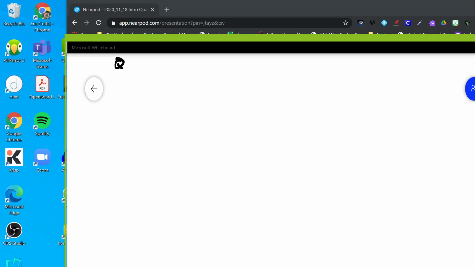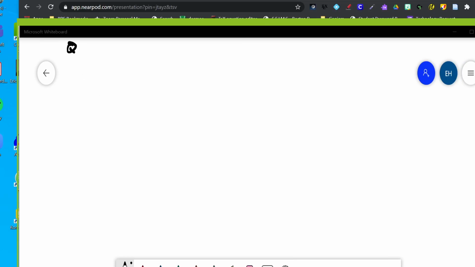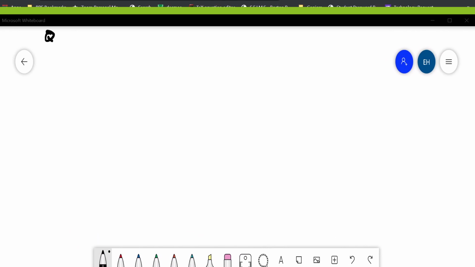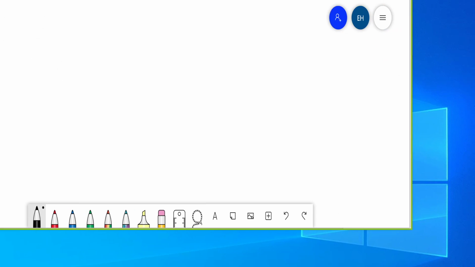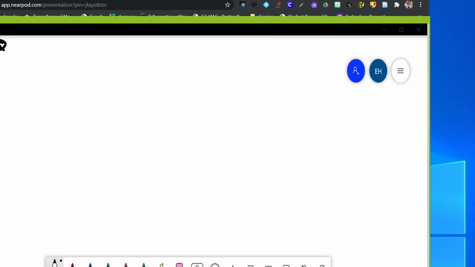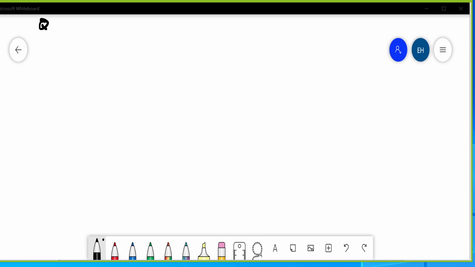Much better. Oh my gosh. This is confounding. I have no idea if this is going to work, but we're doing our best.